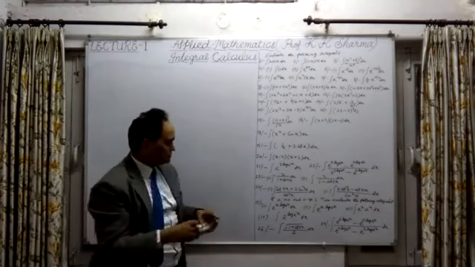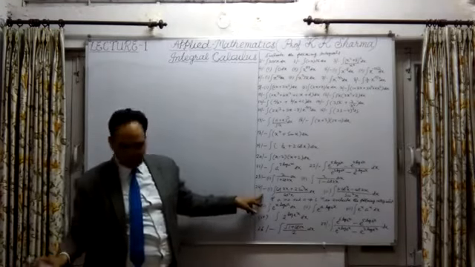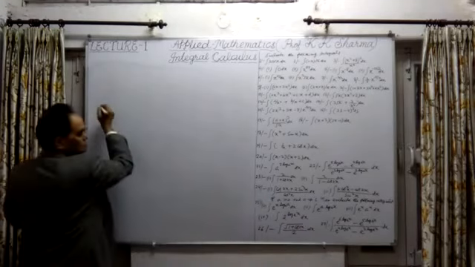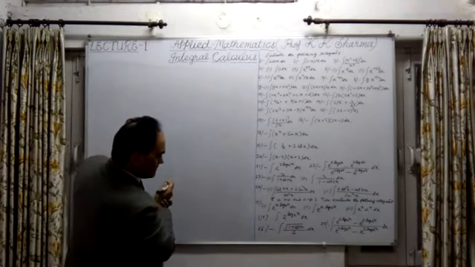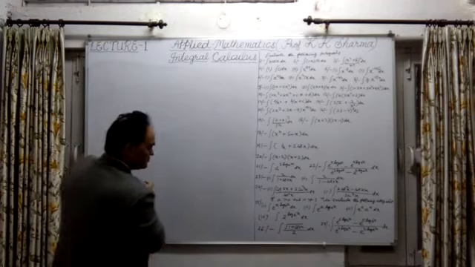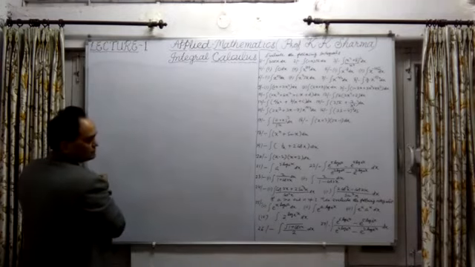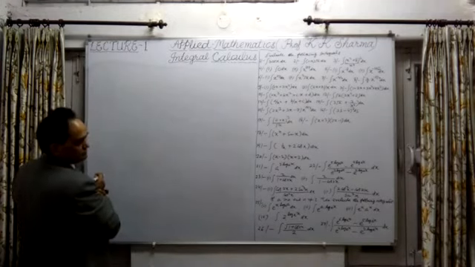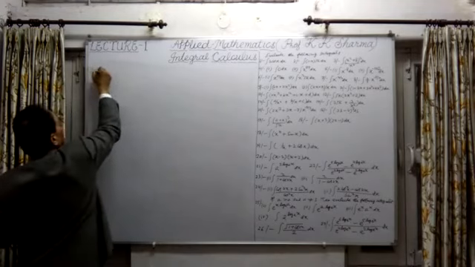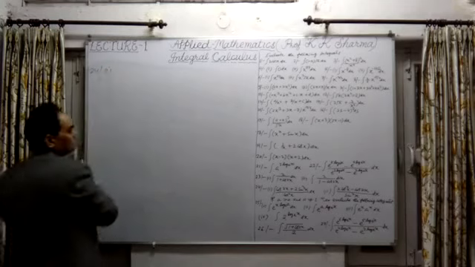Now let me take question number 24. Question number 24 is having only 2 parts, but 25 is having 4 or 5 parts. Question number 24, first part, what does it say?